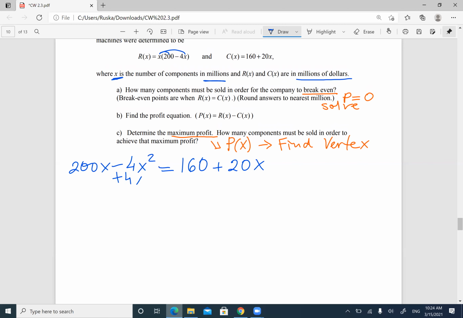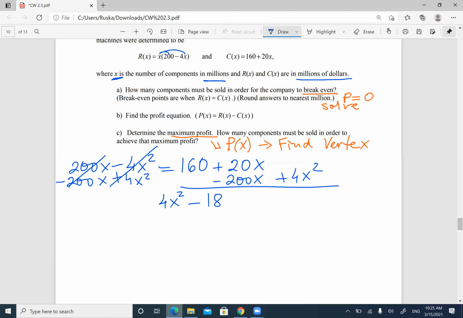So I'm going to add 4x squared. This cancels. And I'm going to subtract 200x. So it's going to equal 0, right? So when I combine those, I'm going to have 4x squared minus 200 minus 20 is 180x plus 160 equals 0. And you're going to solve this.